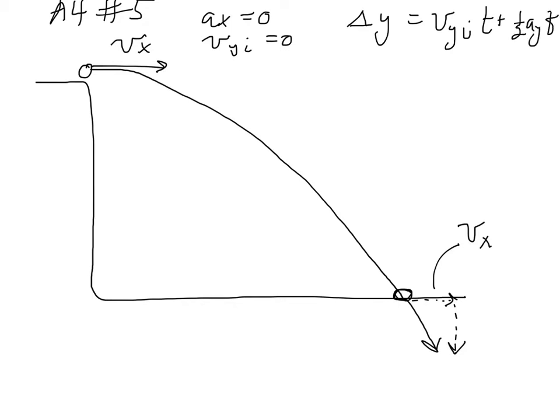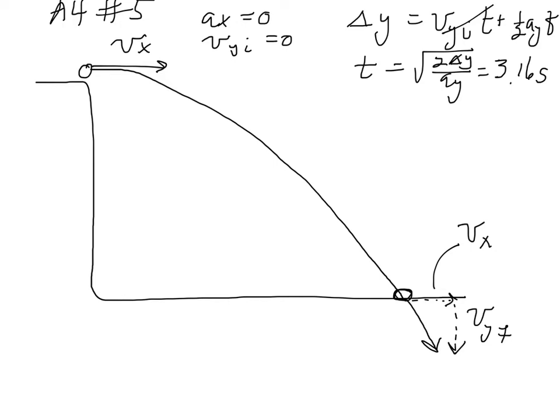Since Vy initial is 0, that term goes to 0, and doing the algebra quickly, we get that t equals the square root of 2 delta y over ay. Skipping the math for time's sake, the answer is 3.16 seconds.